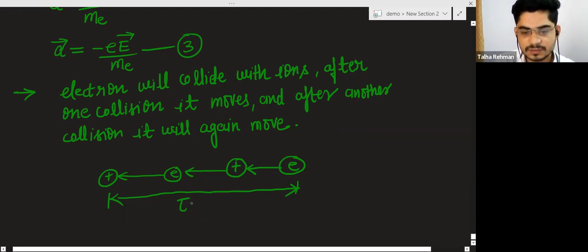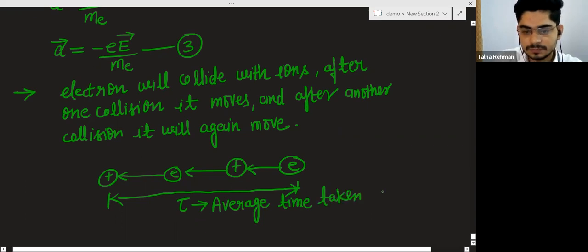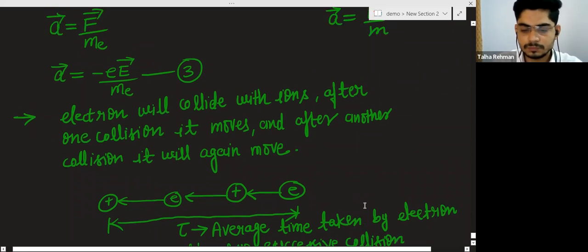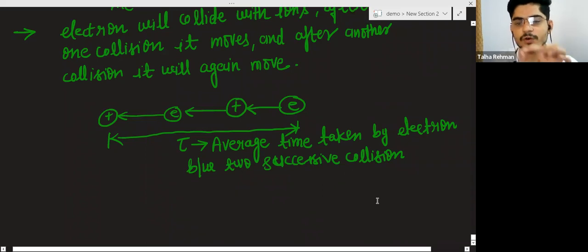I am representing this with tau, and this tau is known as the average time taken by the electron between two successive collisions. So tau is basically time.